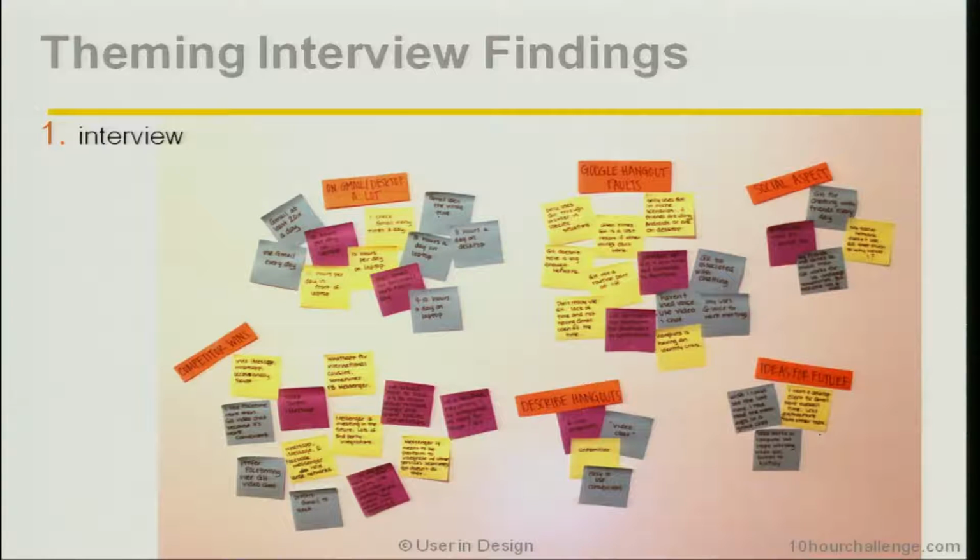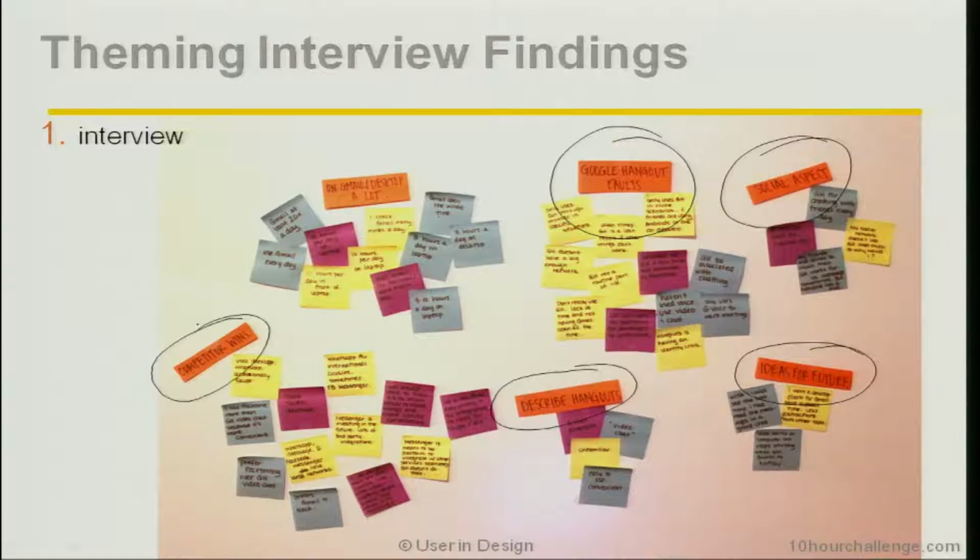We have taken our user interviews, and these are the overall themes that have started to emerge out of them. Okay, because we saw that this is a general theme that is reflective of all these issues.